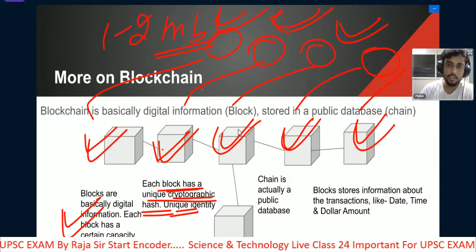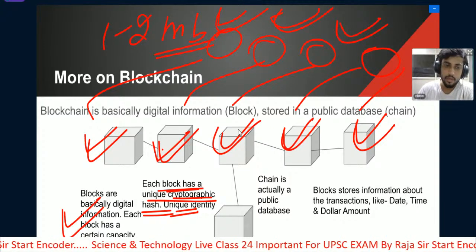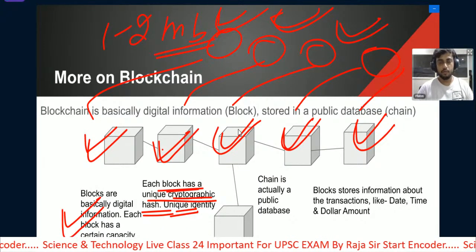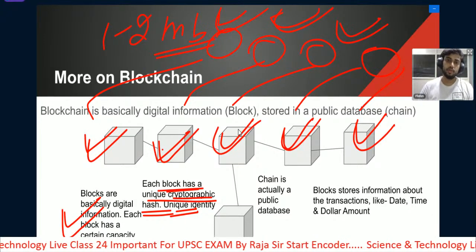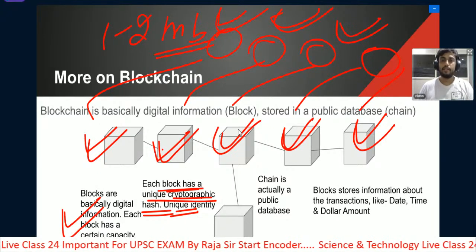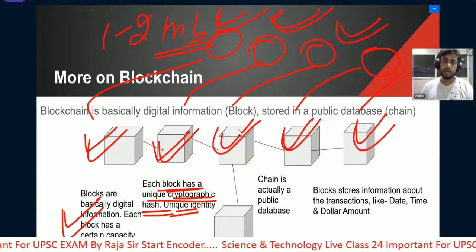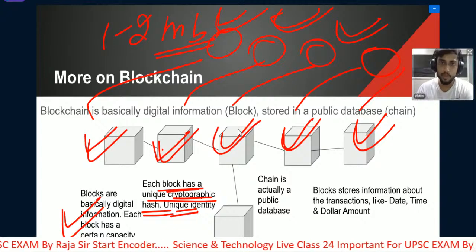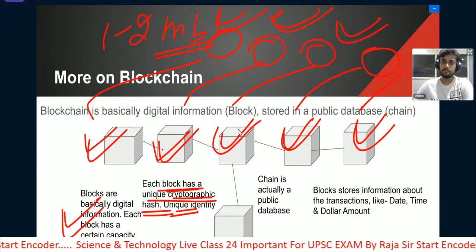This is the meaning of distributed database, and it is decentralized. Like we have the RBI, RBI is controlling all the banks, so RBI is the supreme authority. But in the case of blockchain, this data is stored on all of the computers, on the network, and none of the computers is supreme. This is a decentralized database.